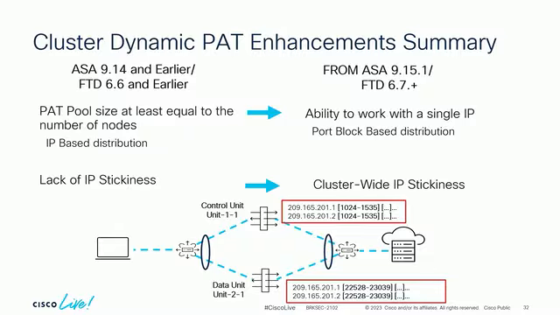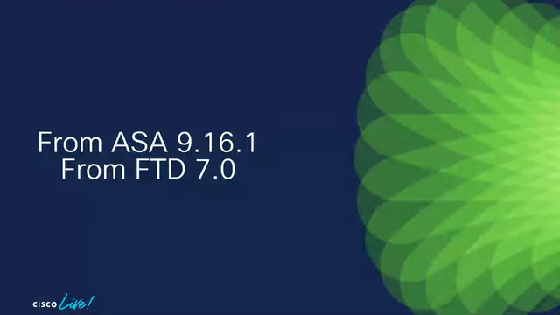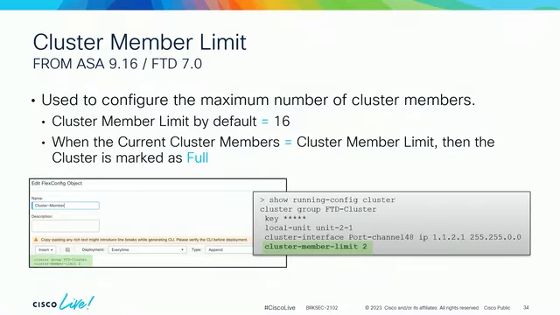And more enhancements were introduced in firewall 7.0 in the way the port blocks are distributed across the cluster nodes, to avoid running into port block imbalance distribution. The first enhancement is the introduction of the cluster member limit command.